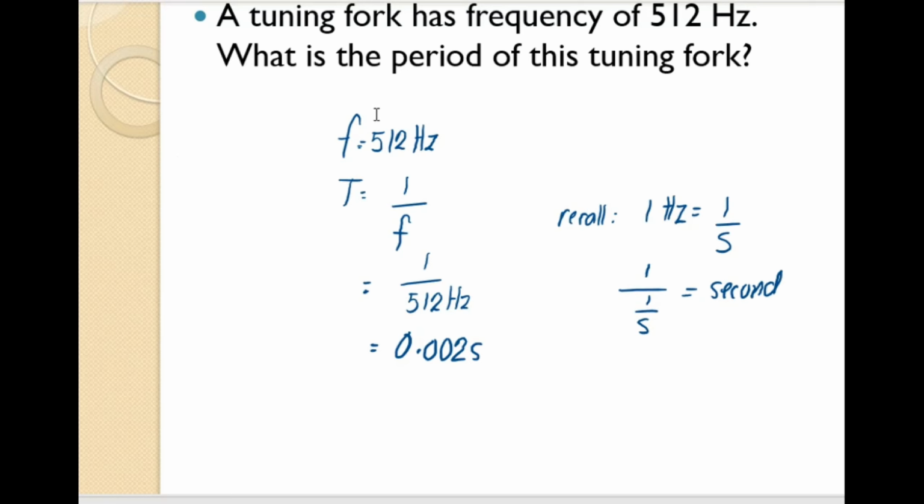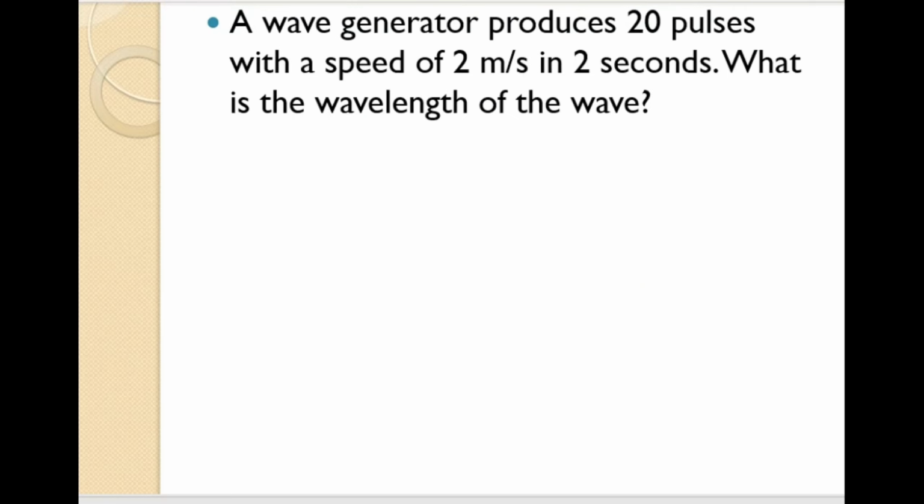Next, a wave generator produces 20 pulses with a speed of 2 meters per second in 2 seconds. What is the wavelength of the wave? Okay, we have velocity equals lambda f, or wavelength times frequency.